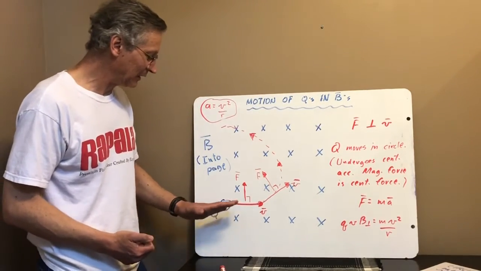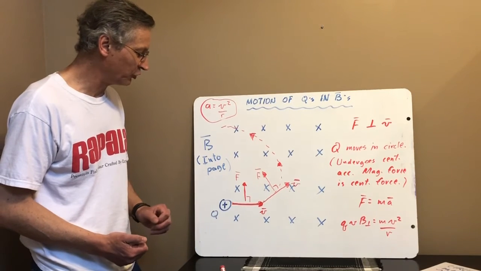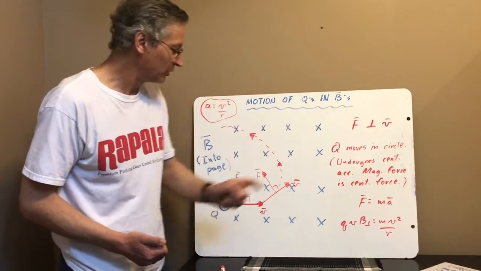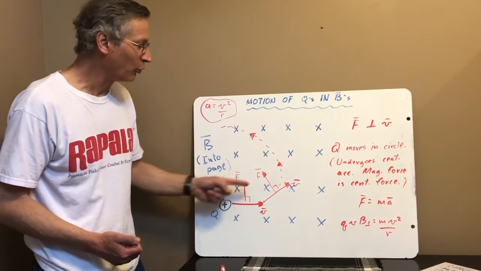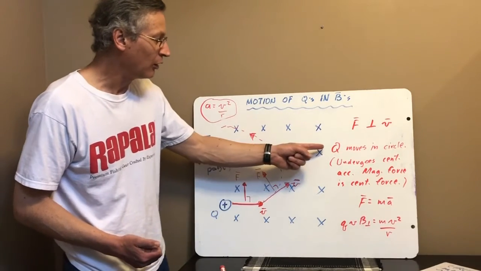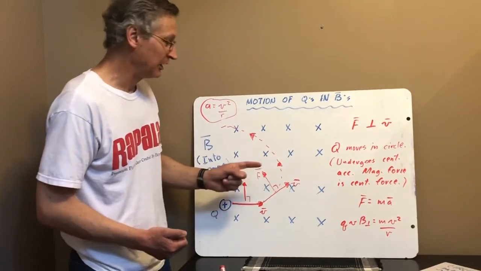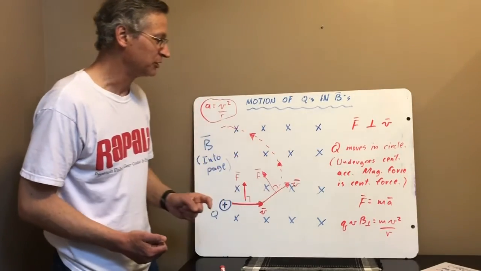Let's take a closer look at what this means if this charge is moving in a perfect circle. The force is perpendicular to the velocity. We know that from the right-hand rule. The charge is moving in a circle, so it's got to be undergoing centripetal acceleration.